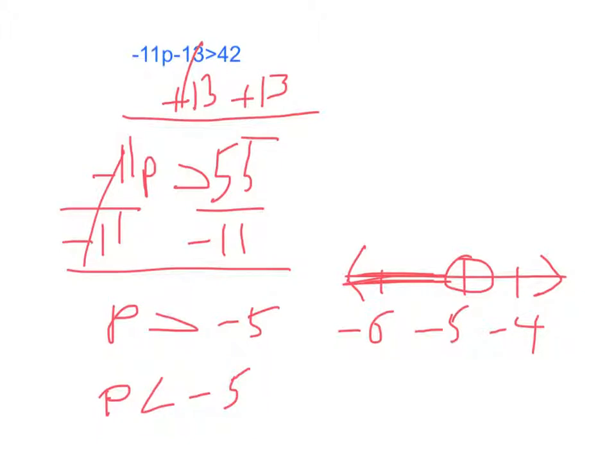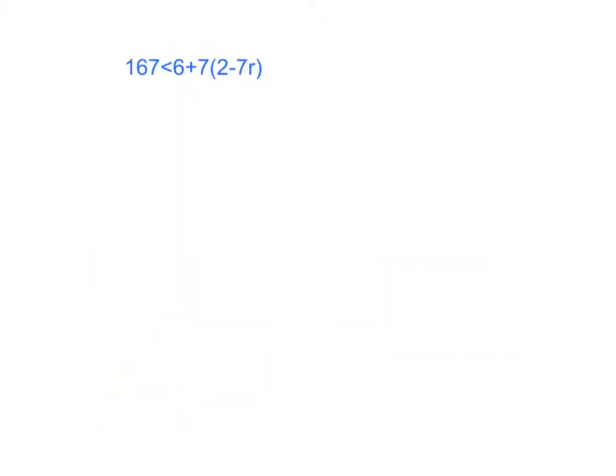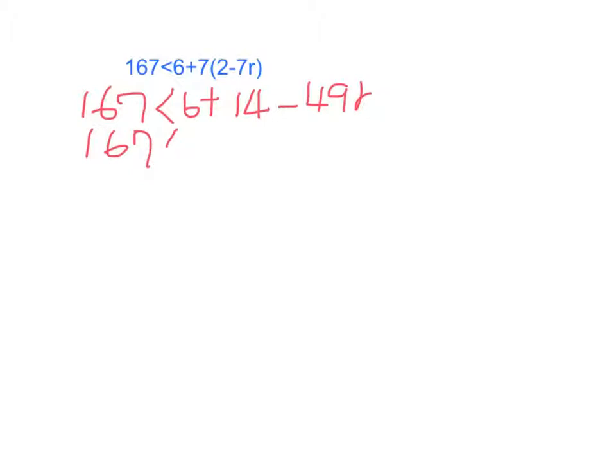This is 167 less than 6 plus 14 minus 49r. This is 12 minus 49r.